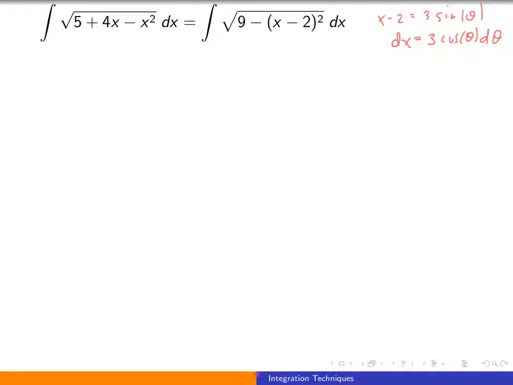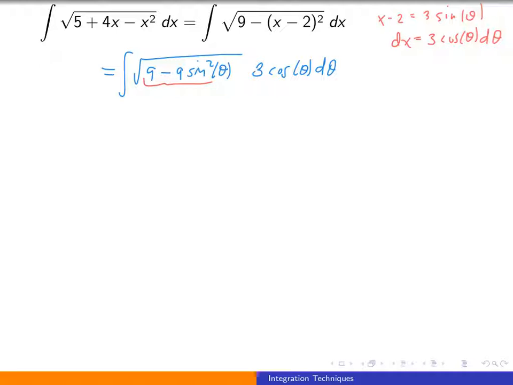On the right here, I've reminded us of the trigonometric substitution we're going to make, and we have the integral rewritten in this more convenient form. So this will become the antiderivative of the square root of 9 minus the quantity x minus 2 squared, so that's 9 minus 9 sine squared theta, and the dx is 3 cosine theta d theta. As we've hopefully noticed, the theme is that we apply the trig substitution, then look for the corresponding identity.